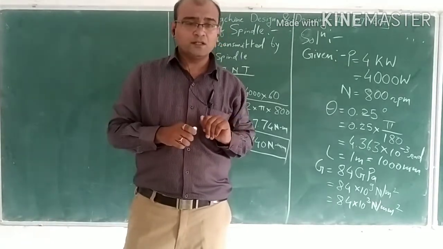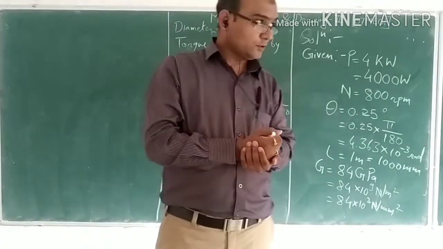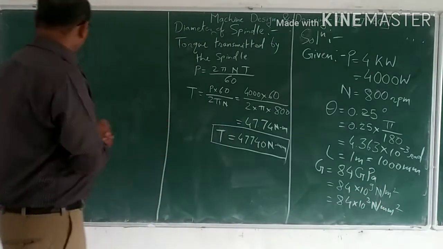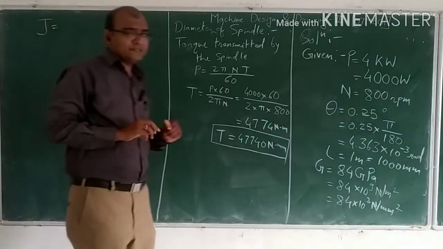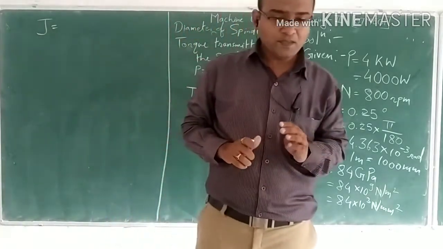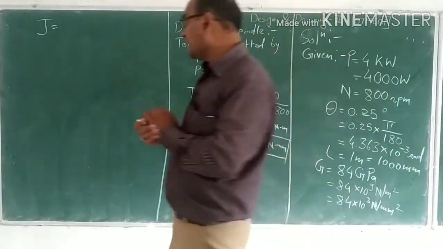Then, as per the torsional rigidity, we use the formula related to J. What is the required formula for J? J equal to TL upon G theta.